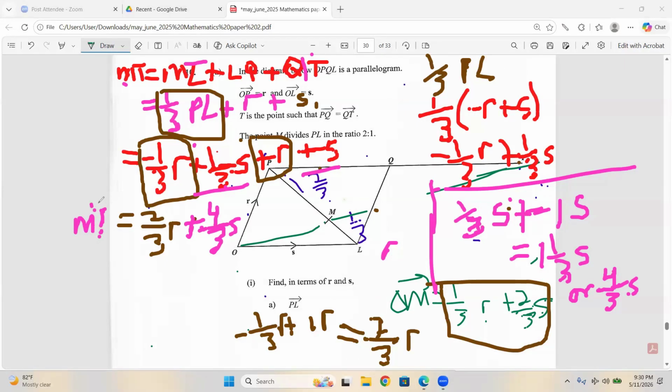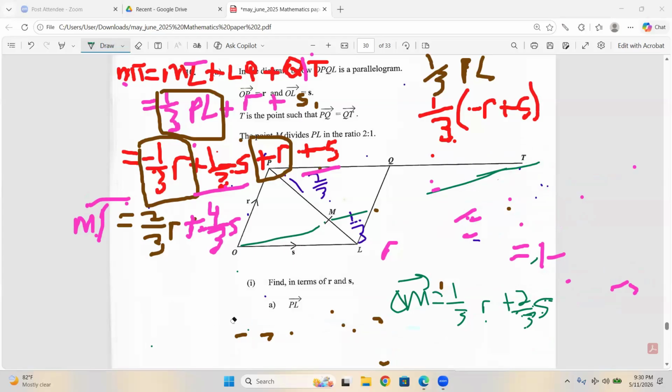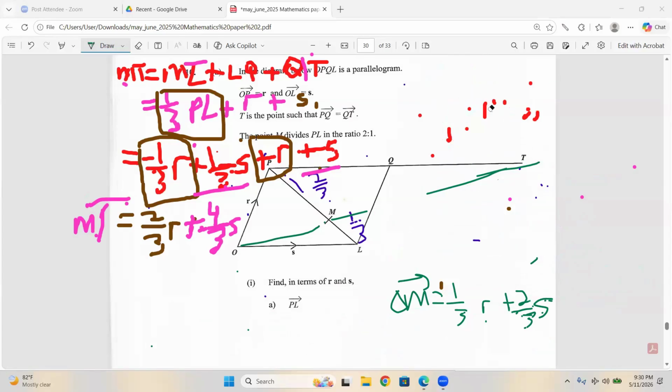Let me see if I could take off the unnecessary additional things. What we want to look at right now is vector OM and vector MT, which are on the same line, the same straight line, which means they are collinear.